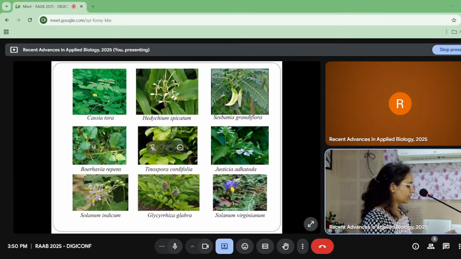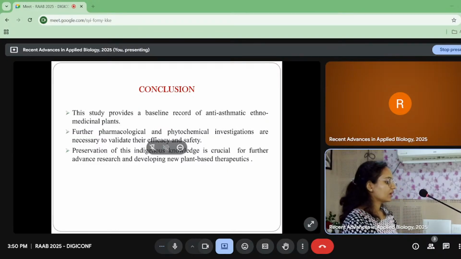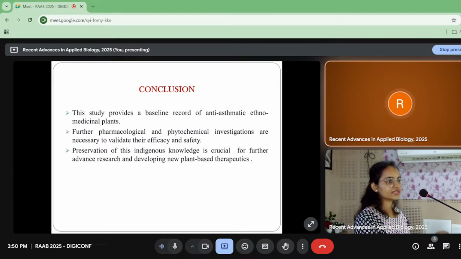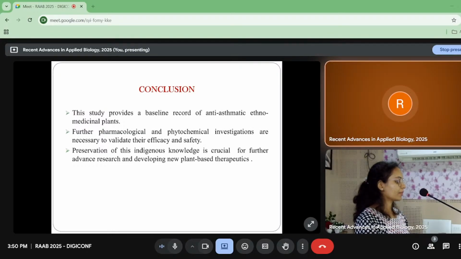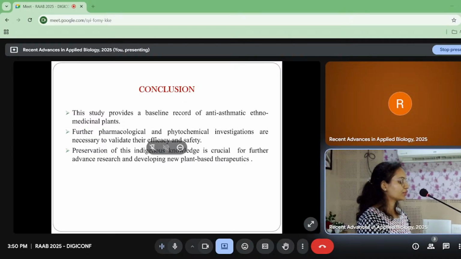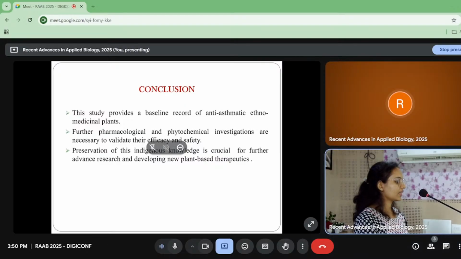This is actually a preliminary survey which provides a baseline record of anti-asthmatic ethnomedicinal plants that have been used by the Boro tribe, and this is important for further pharmacological and phytochemical research.